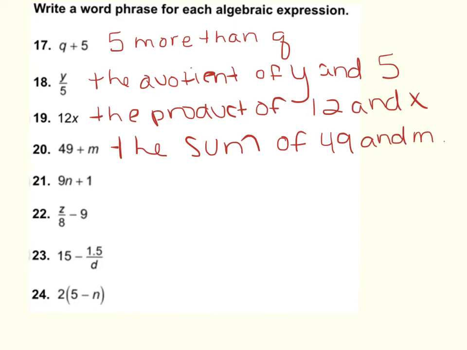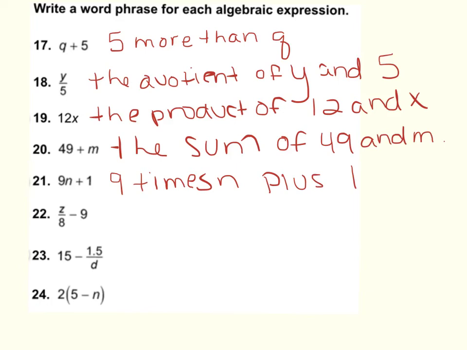Here are ones where we're going to have double operations. If we look at number 21, we have 9 times n plus 1. We could also say this as 1 more than the product of 9 and n, all sorts of things you could do there.